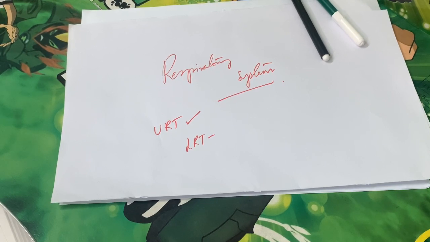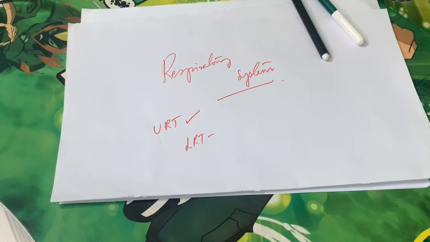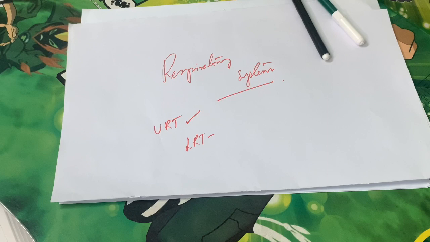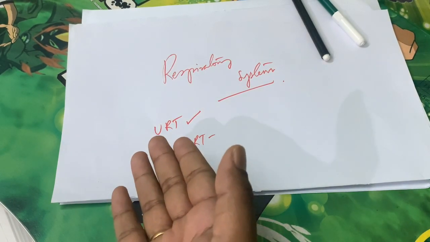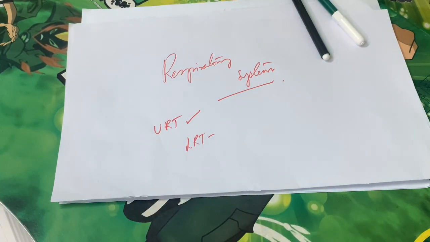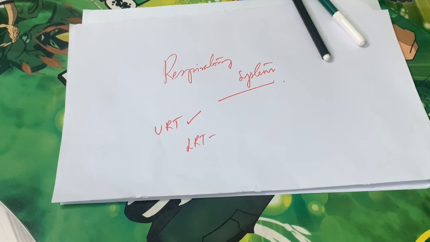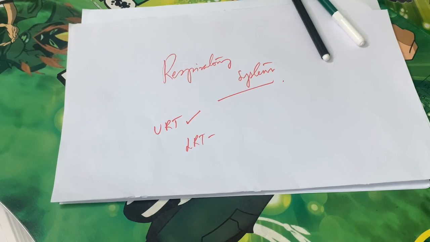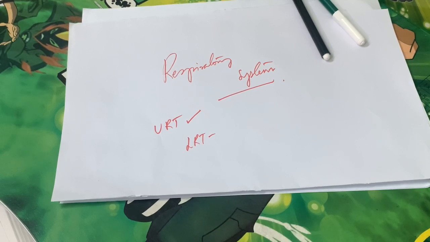Functionally speaking, the respiratory system is divided into two parts. One is the conducting part, number two is the respiratory part. The conducting part includes the entire upper respiratory tract, URT, and it also contains the lower respiratory tract up to the terminal bronchioles, and it is concerned with cleaning, warming, and moistening the air.